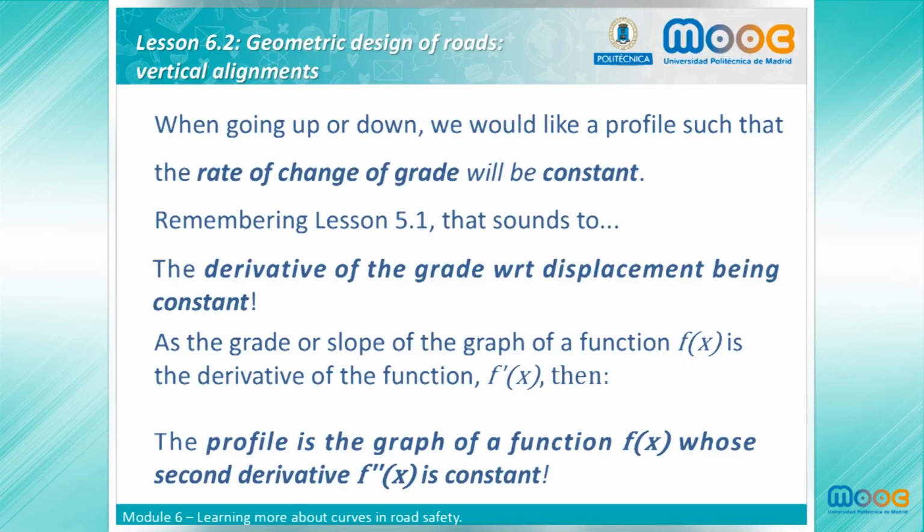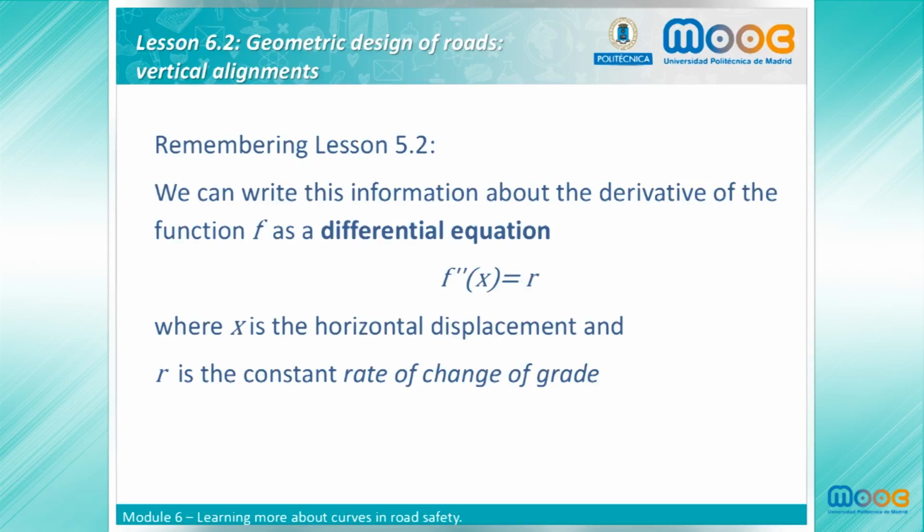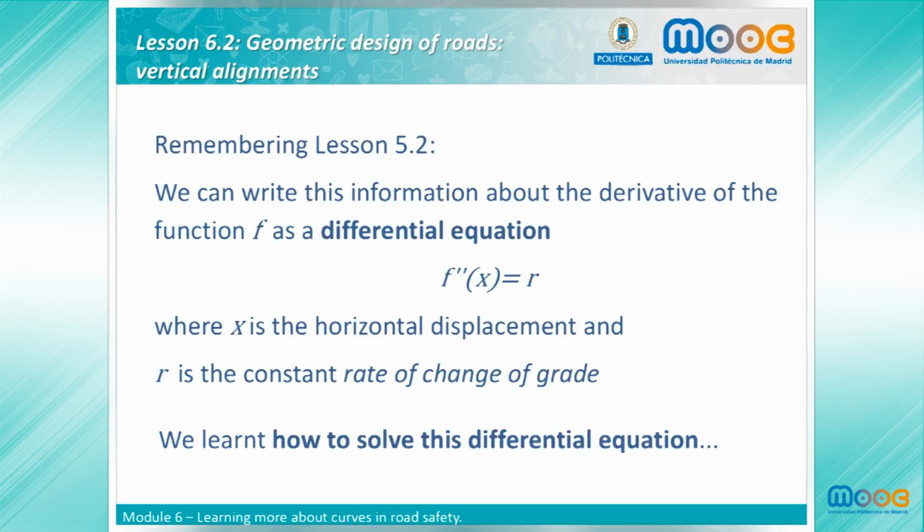Remember in Lesson 5.2, we can write this information about the second derivative of a function as a differential equation, that is, the second derivative of y with respect to x is equal to a constant r, where x is the horizontal displacement and r is the constant rate of change of grade. But we learned how to solve this differential equation.